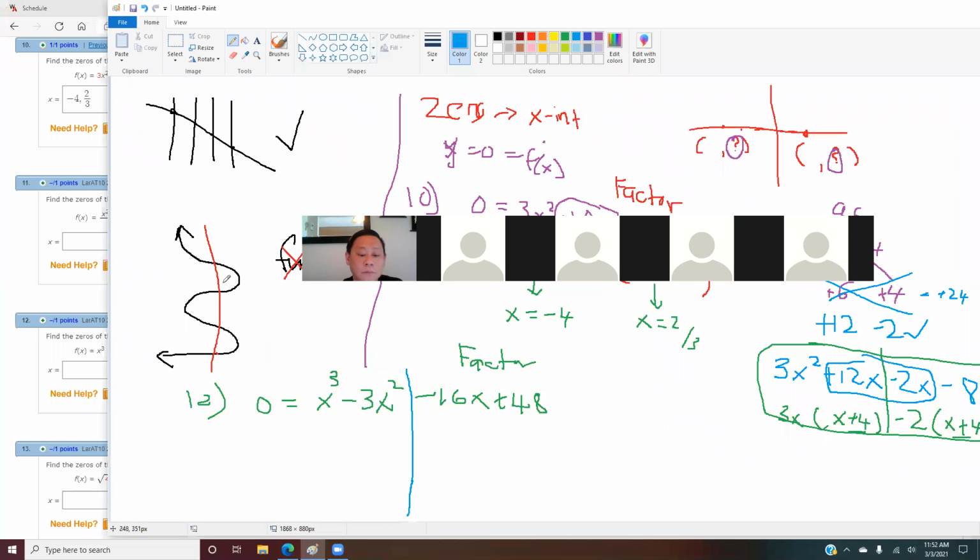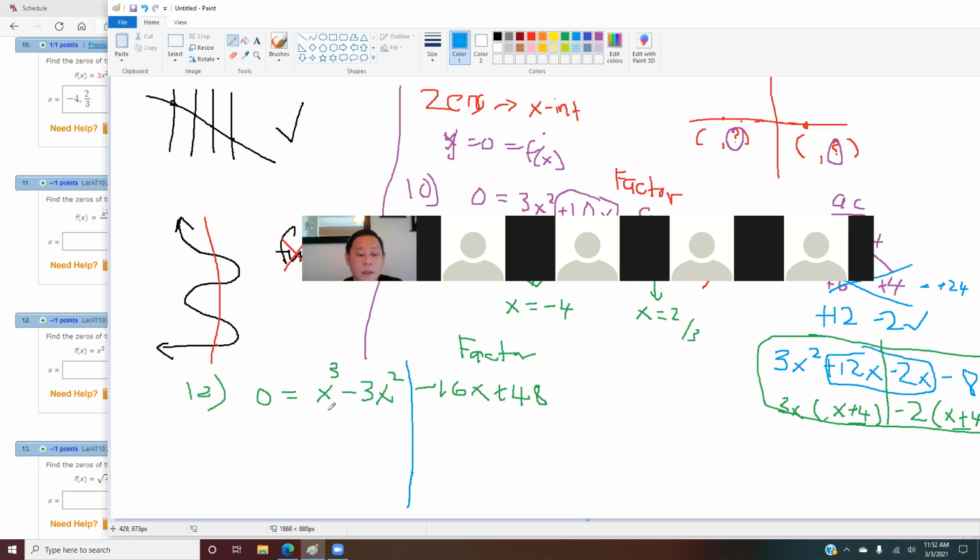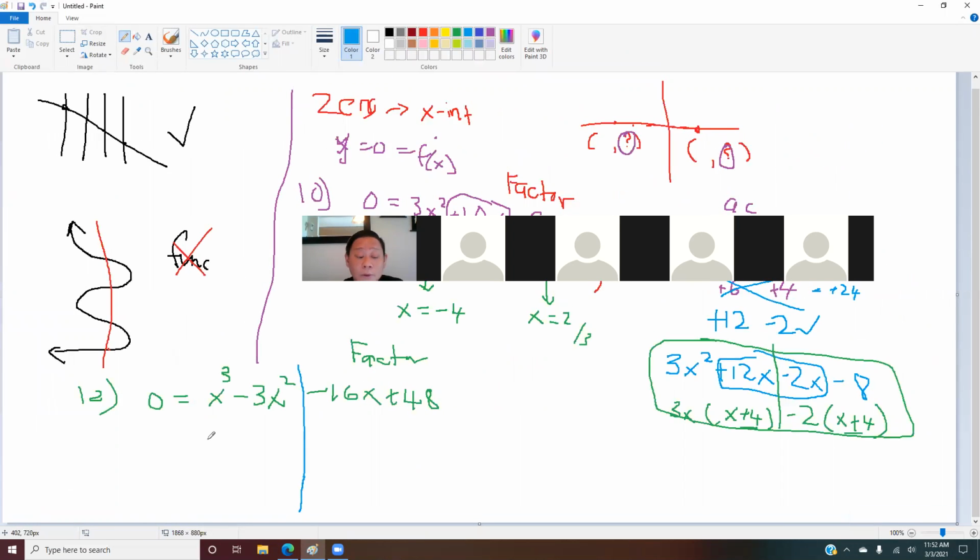Panucha, what do you say? x cubed minus 3x squared minus 16x plus 48. This is correct. What can you factor out here?